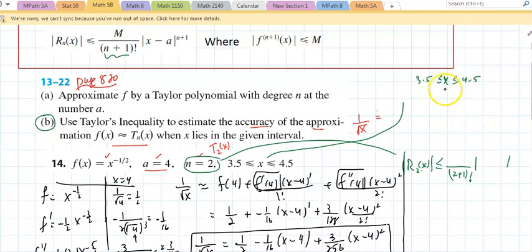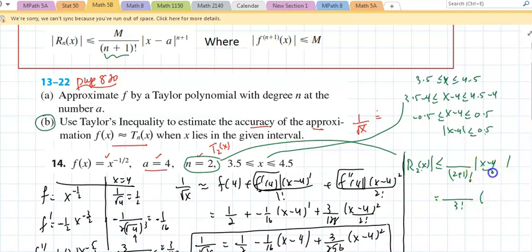One way is to center this at 4, which means I'm going to subtract 4 from each side. And x minus 4 is going to be between negative 0.5 and 0.5, which means the absolute value of x minus 4 is less than or equal to 0.5. So this is 3 factorial, this is 0.5, and then M is the problem.